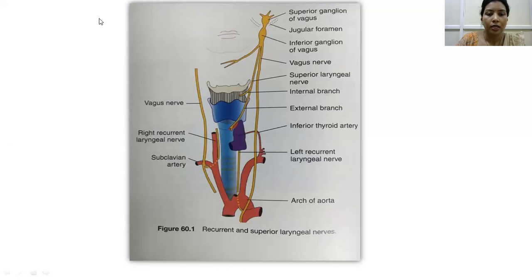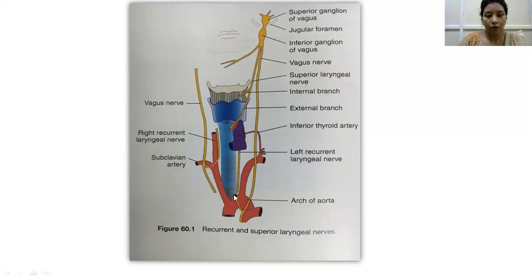This will give your right subclavian and right common carotid, whereas the rest of the two, the left subclavian and your left common carotid, directly arise from the arch of aorta. So this obviously means that your arch of aorta is at a lower level compared to that of your right subclavian artery. So the recurrent laryngeal nerve on the left side is longer, given out in front of the arch of aorta.